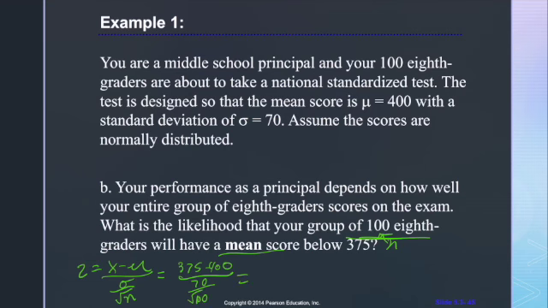I get a z-table value of 0.0001. So there's a 0.01% chance that the mean of my 100 8th grade students is below 375, right? This is really different from the probability that I'd have one student who scored below a 375, which was 36%.